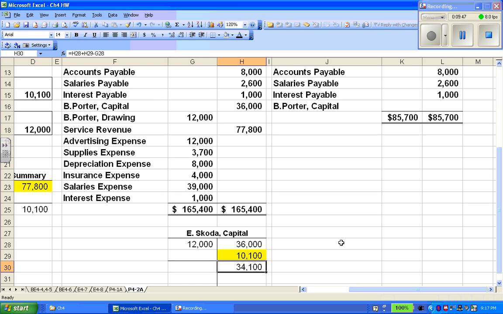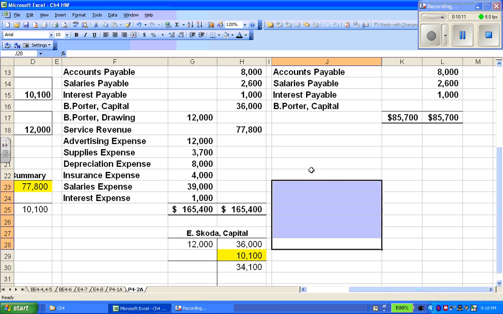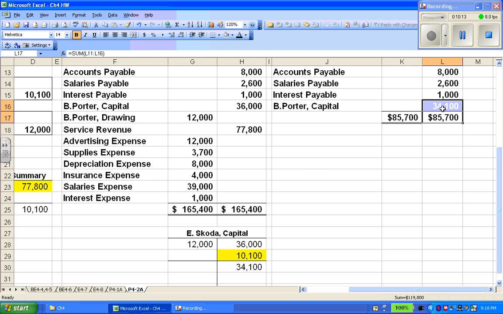And this is exactly what our owner's equity statement has, right? It has the beginning capital of 36,000. We add net income to it, and we subtract out our drawings, and we get a net amount on our owner's equity statement of 34,100, and that's what I would plop in here because that's my ending balance. Let me go back in, and 34,100.